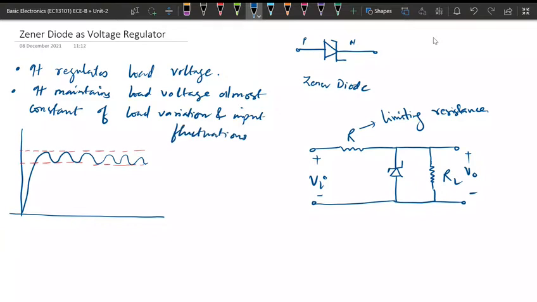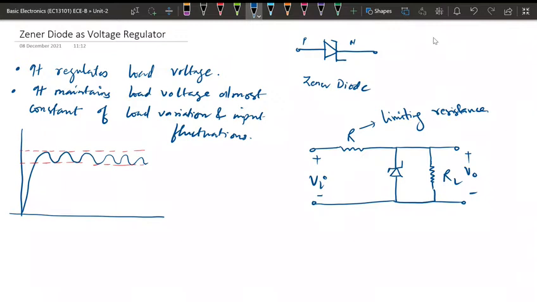That means if we vary the output resistance, there will be some variation in the output, but this voltage regulator is going to maintain the constant output voltage even if we are reducing or increasing, that means making a variation in the load resistance.